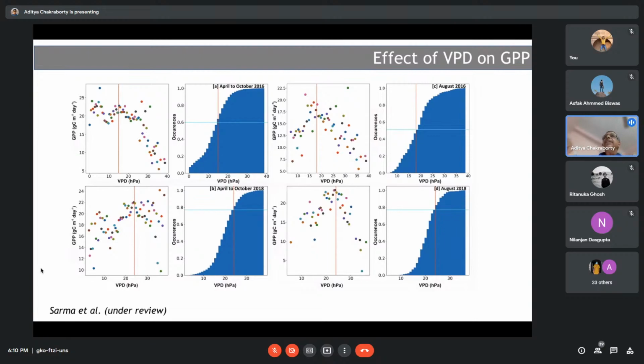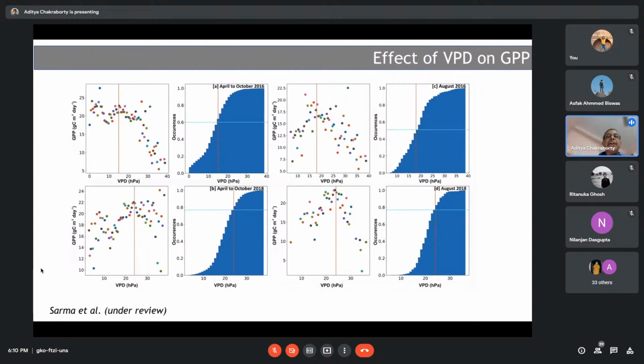But VPD is not necessarily a symmetric process, because there is a threshold VPD which defines that up to a certain extent the photosynthesis process will be maximum, and after the threshold value the photosynthetic process will decrease.